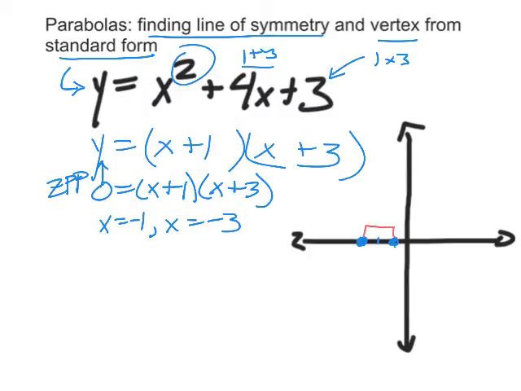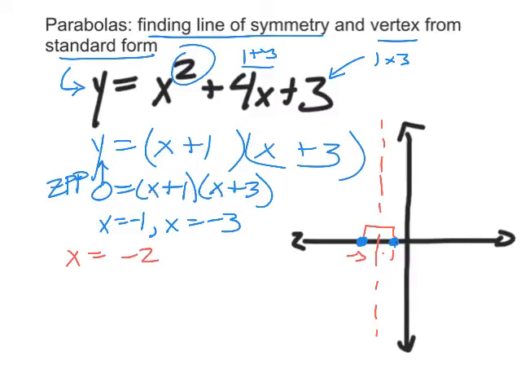Halfway between those two dots is the line of symmetry. That's negative 1 and that's negative 3, so graphically you can see that the line of symmetry must go right between the two. That is x equals negative 2 for the line of symmetry.